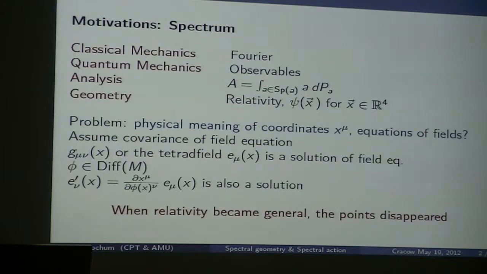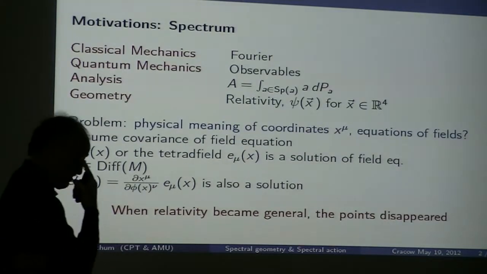So if you have a metric or say a tetrad field, e mu, which is a solution of your field equation, then okay, you have a solution, but now you pick a diffeomorphism of your manifold, and then you get another solution via this equation, another solution than the first one. So you have plenty of solutions.